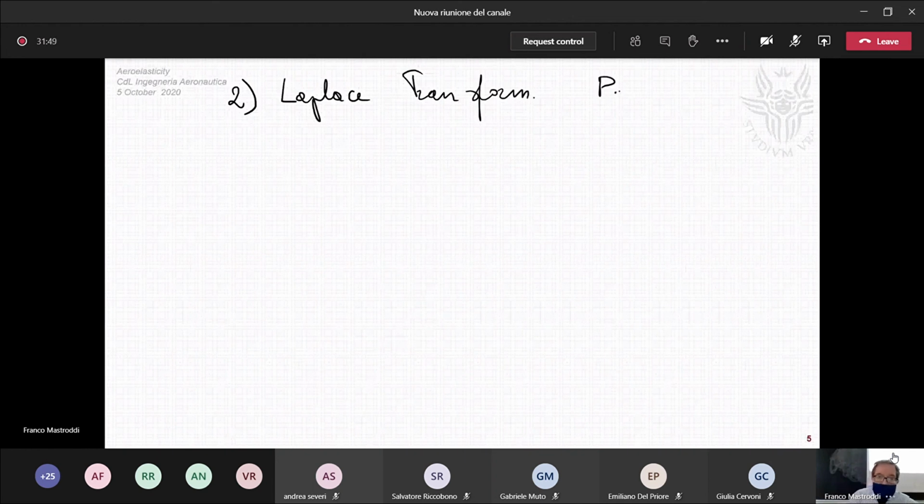Identical, which means that you have this, and take the Laplace transform.